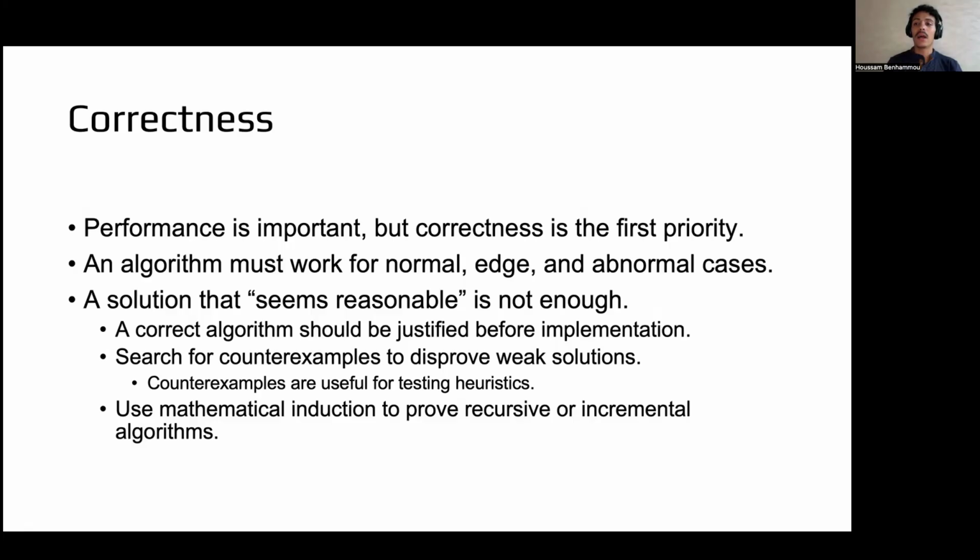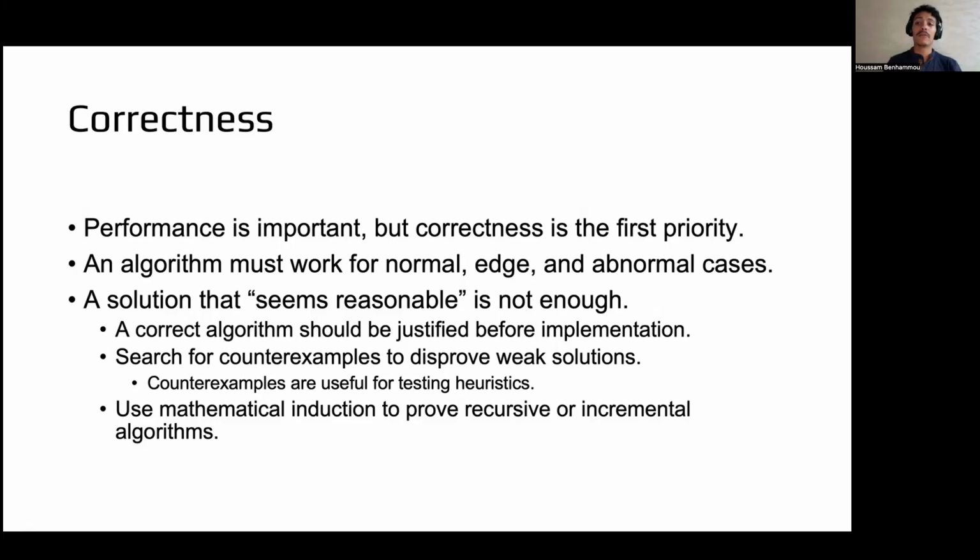Because at the end, an effective algorithm is one that works not just on the normal cases, but on the edge cases and the abnormal cases that exist. And you cannot make sure of that only by thinking with common sense or a reasonable way of thinking through the normal solution that you want for the problem. But you need to prove that the algorithm is going to behave correctly through all the cases.